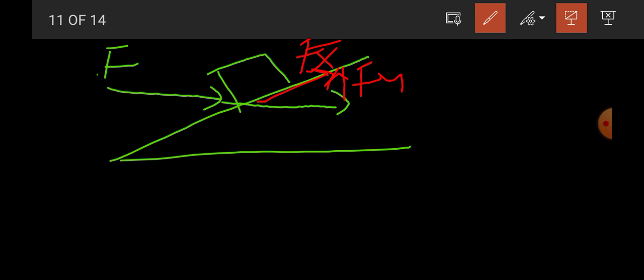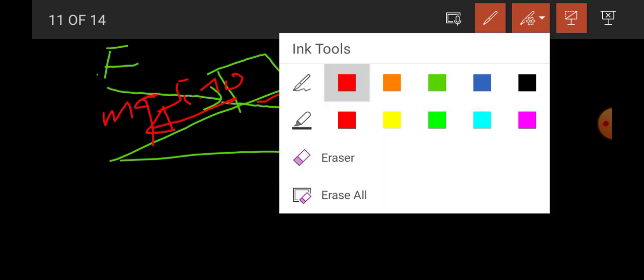The box slides back down due to mg sin theta, which is always there on an inclined plane. The force that acts on the box down the plane is mg sin theta, so mg sin theta is downward and Fx is upward.